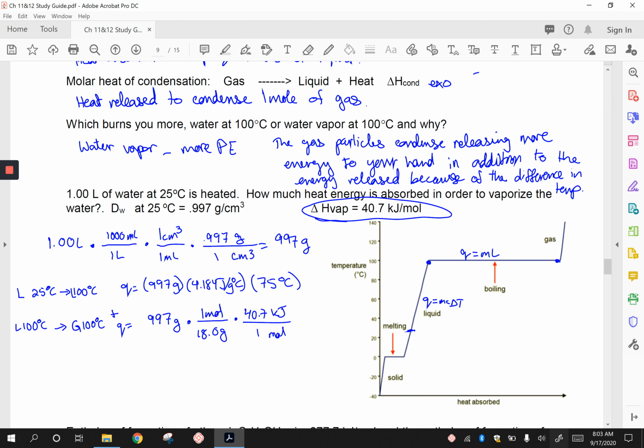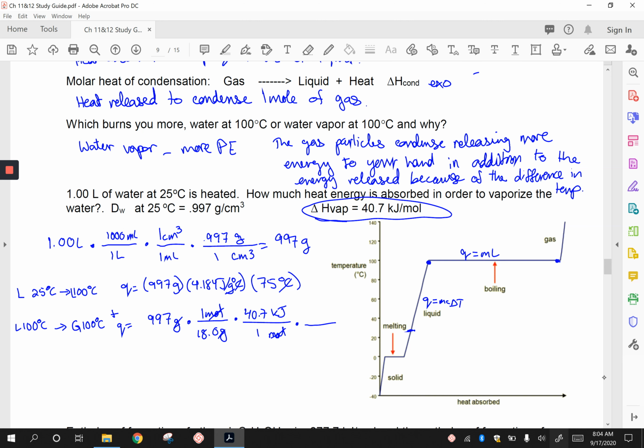The only problem with adding those is this is going to end up giving you kilojoules, whereas this one, your grams cancel, your Celsius cancel, you're going to end up with joules. So this is joules and kilojoules. We can't do that, so we have to convert one of them. It doesn't really matter which one you convert.